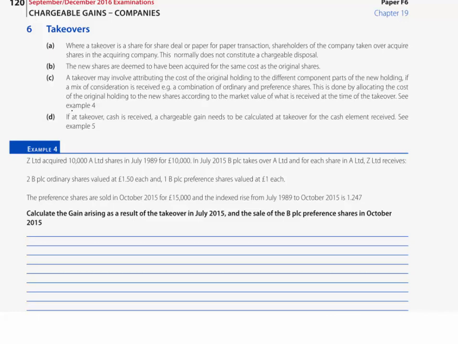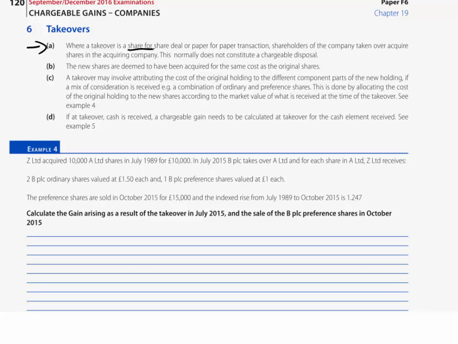And it is subsequently the object of this exam question that you sell some or all of those shares in V. Problem, as ever, cost. You didn't buy shares in V, you bought shares in A. So what do we need to remember? That when there is a takeover, the new shares take on the cost of the old shares. So let's just remind ourselves of those basics.